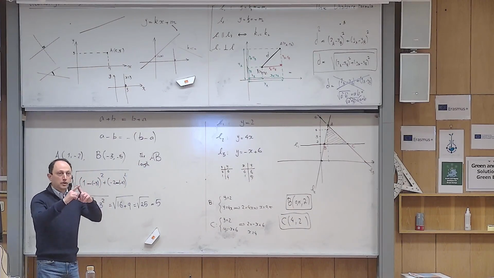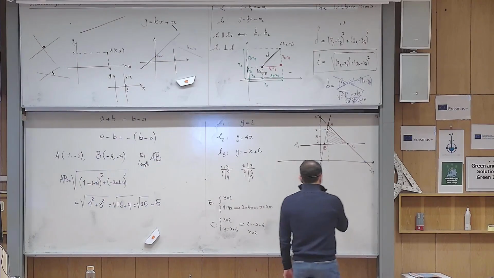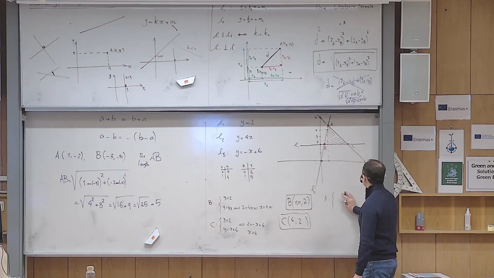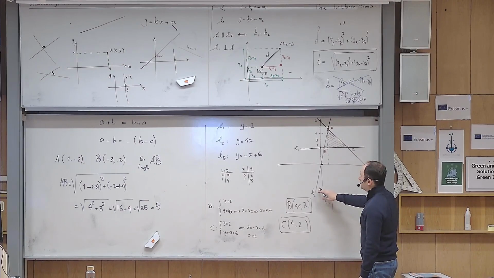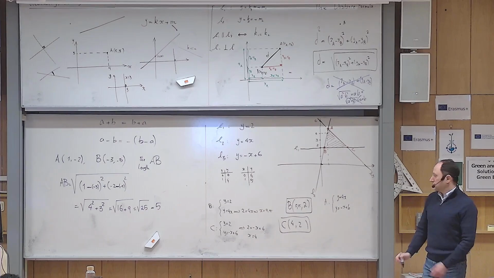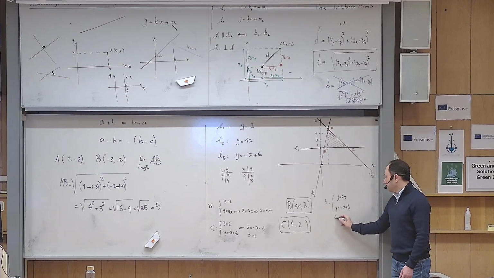And then the final point is point A. I need to find point A. So for point A, which system is suitable now? Line 2, which one is that? It is y equals 4x. And line 3, which is y equals minus x plus 6. And I want to solve the system. But still, I use the substitution method. y is equal to 4x. I substitute it here. So it becomes 4x equals minus x plus 6. I move it to the other side. 5x becomes 6.